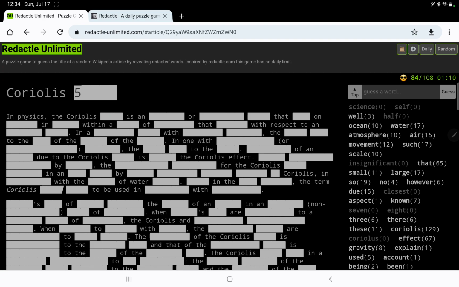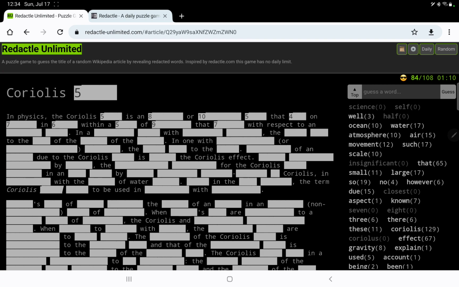Now that I come back up to the top, I see, excuse me, that Coriolis is one of the obscured words. So I'm really, yeah. I don't know what's up with the sensitivity of my tablet, but sometimes when I scroll up to the top, it accidentally reloads the page and I lose the counts that I've painstakingly added.